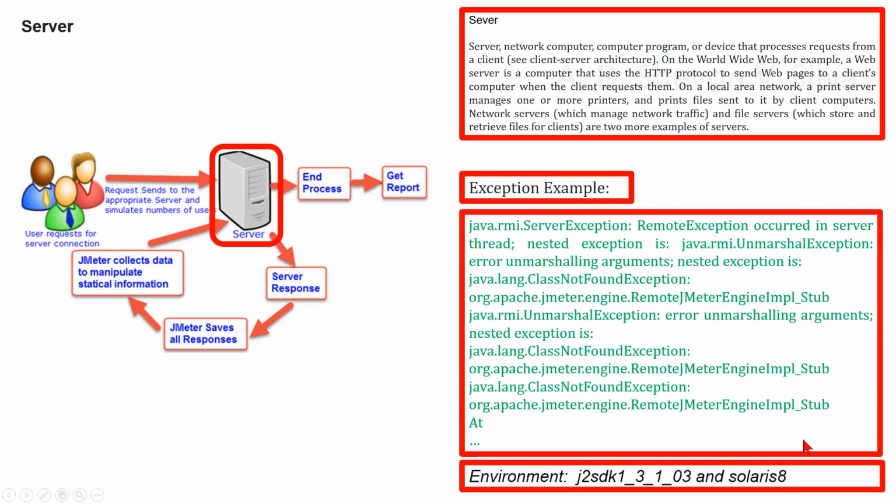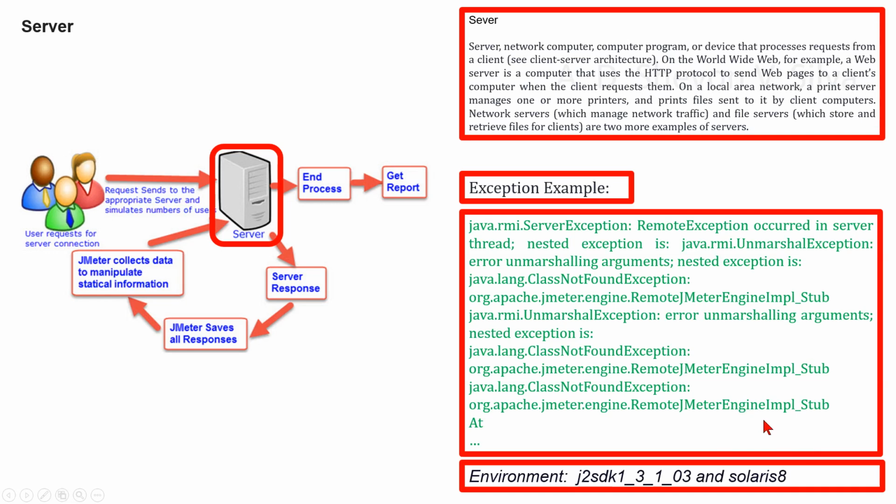As an exception example, we can consider this exception that occurred in the environment J2SDK 1.3.1_03 and Solaris 8. java.rmi.ServerException: RemoteException occurred in server thread.